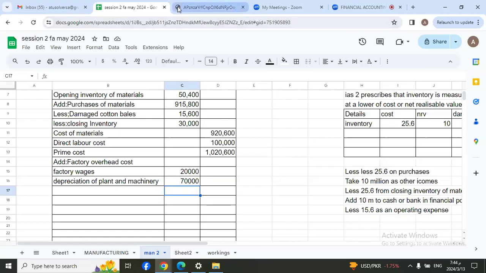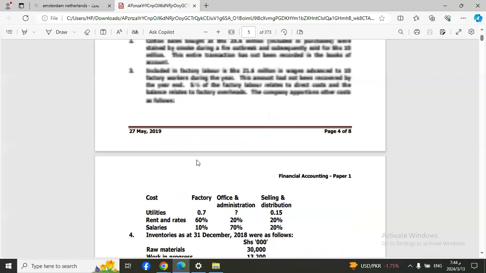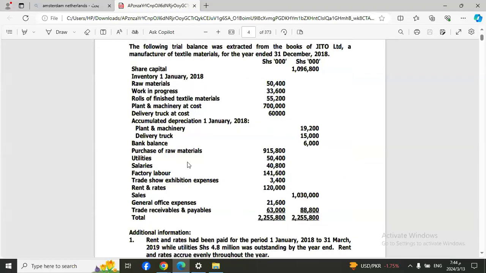Okay. So let's continue. We still got our question. We are seeing balances, purchase of salaries, what. So when you reach at this stage, remember here, you cannot easily specify which one is selling and administration, which one is the factory overheads, which one is administration expenses, until the question specifies for you that this one is this and this one is this.